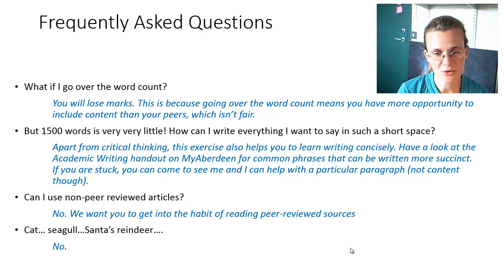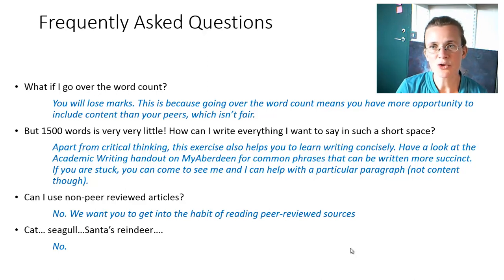So learning to write concisely, how to do that? First of all, by reading a lot, because all the articles that you read will have had that word limit, so they will have had to write things more concisely, so you pick up the way they write things. Also, there's the academic writing handout on MyAberdeen, which has some examples in it of frequently used phrases that can be shortened.